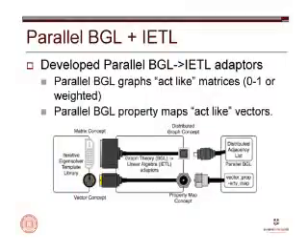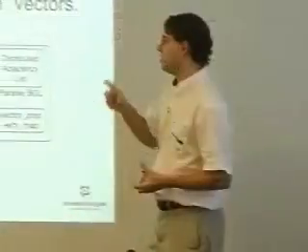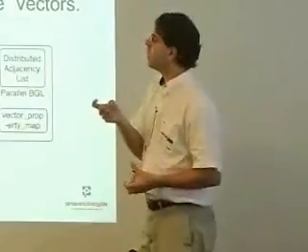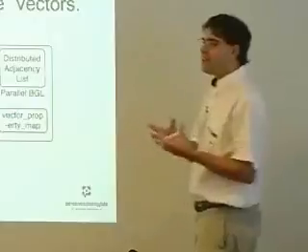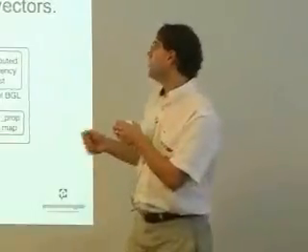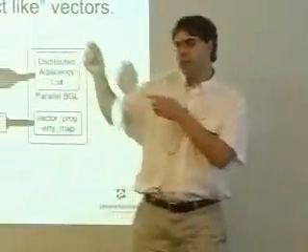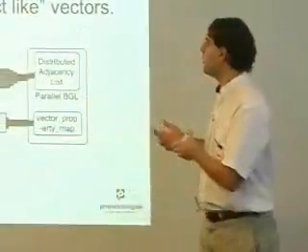And we were actually able to develop a set of thin adapters, a couple hundred lines of code, that make the existing parallel BGL graphs act like matrices. They could be 0-1 matrices if you're just looking at the structure of the graph, or they could be weighted matrices if you have edge weights in there, whichever you'd like.